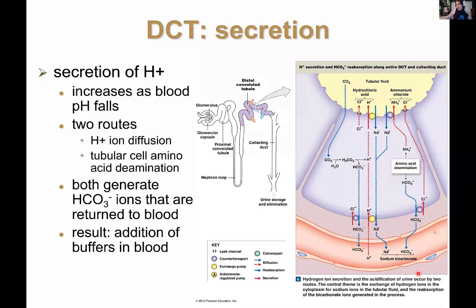And the remainder turns into bicarbonate and goes into the blood. Sodium also is entering the blood, and those actually combine to form sodium bicarbonate, which is another part of the blood buffer system, one that we haven't discussed yet. So if there is lots of sodium in the blood, it tends to naturally combine with bicarbonate.